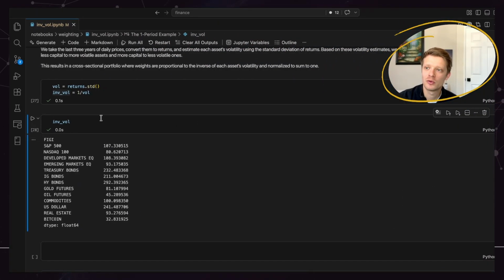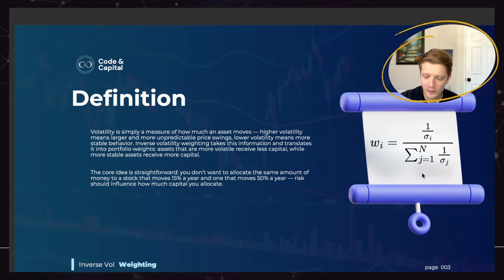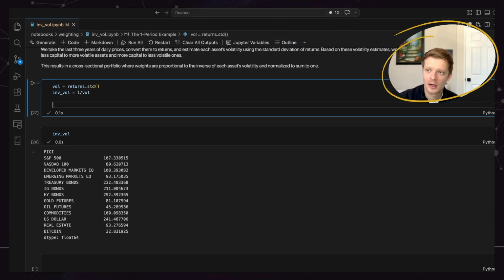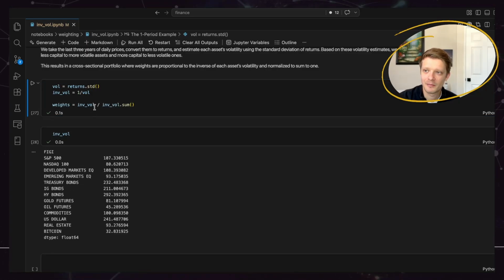All we have to do now is create our weights by following this equation: inverse volatility divided by the sum of inverse volatilities. So we can set our weights to inverse volatility divided by the sum of the inverse volatilities of all our assets.